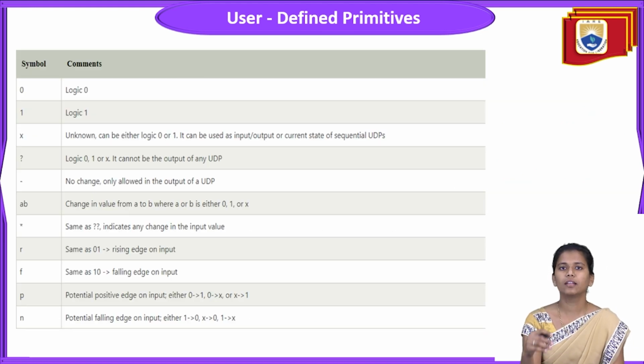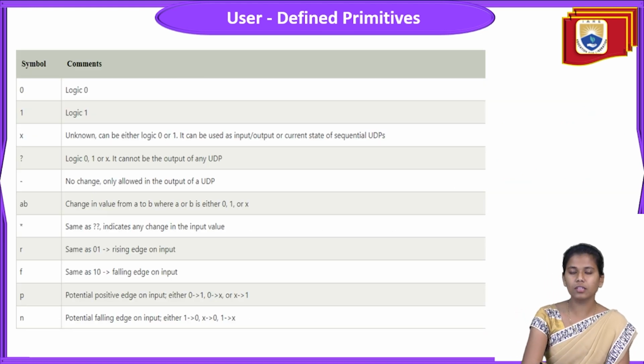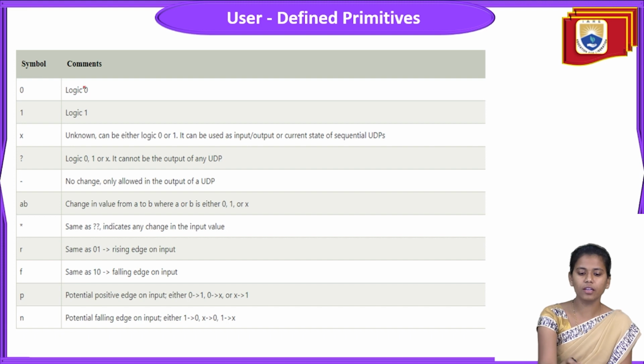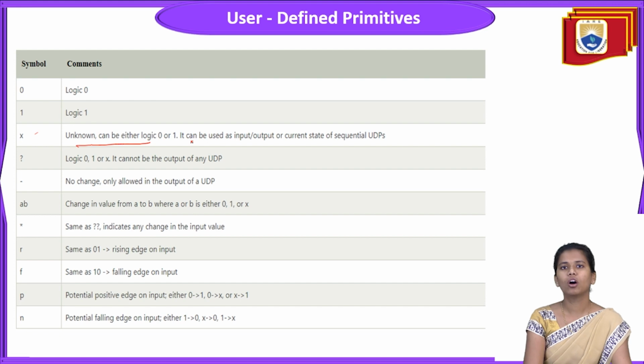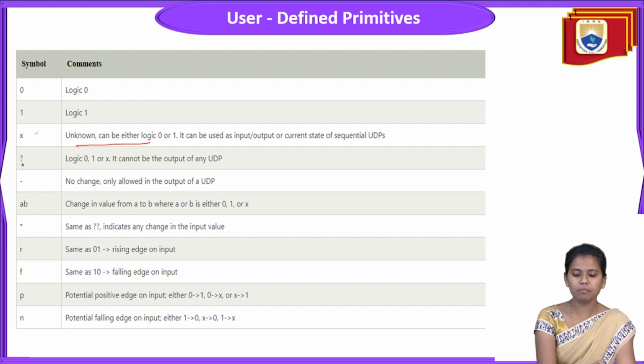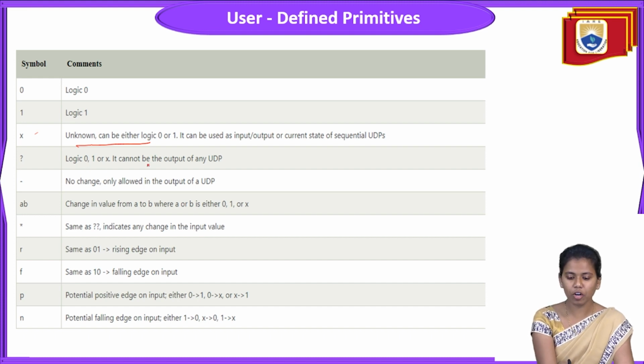Then values of input and output signals are indicated using the following symbols. So there are some particular symbols that need to be mentioned when you're writing a particular syntax. Here these are the symbols and the comments. 0 is nothing but logic 0, 1 is logic 1, and X is unknown. It could be either logic 0 or logic 1. And the question mark is logic 0, 1 or X; it cannot be the output of any UDP.